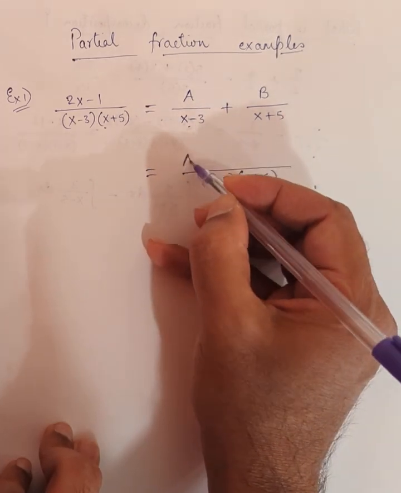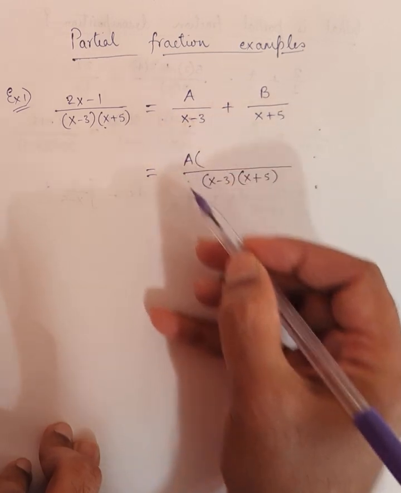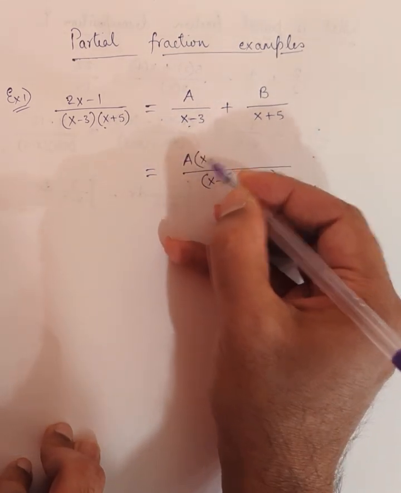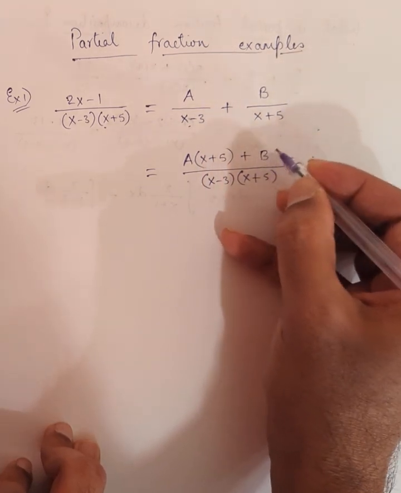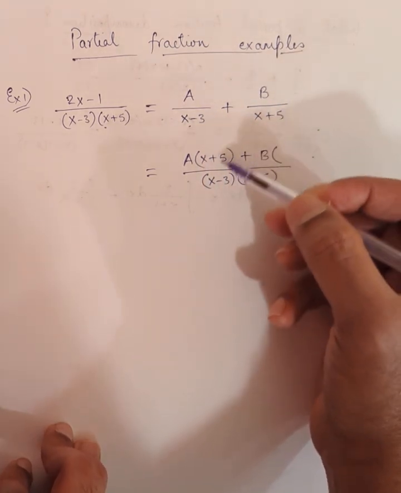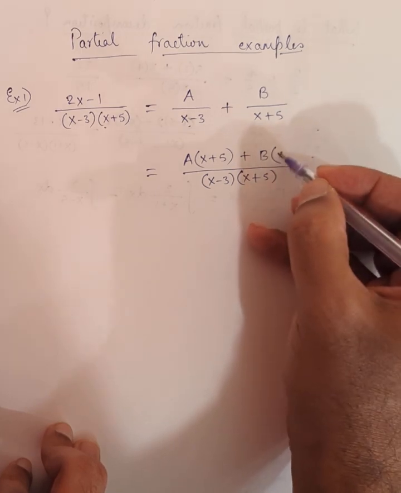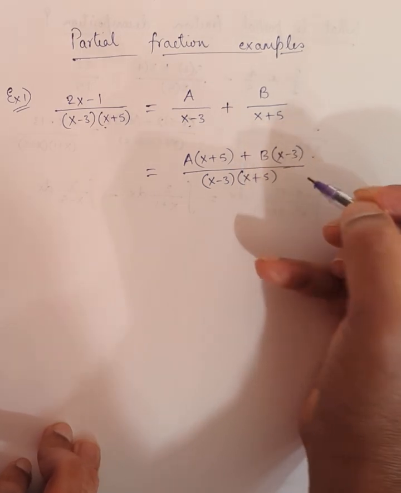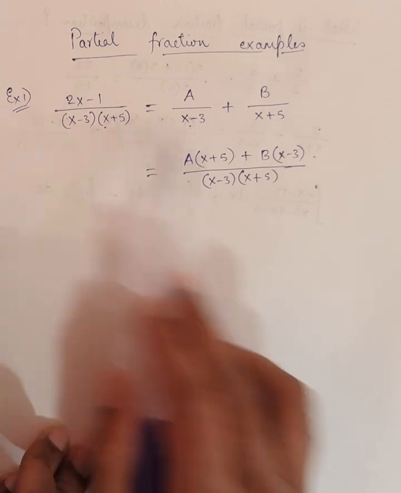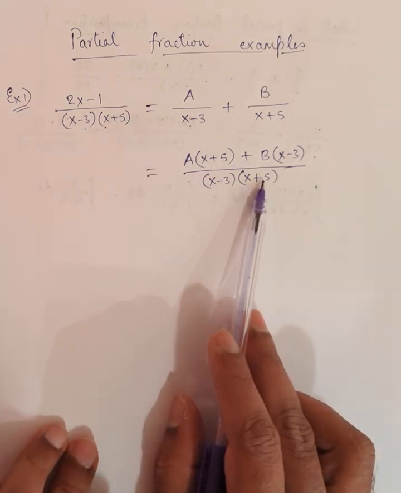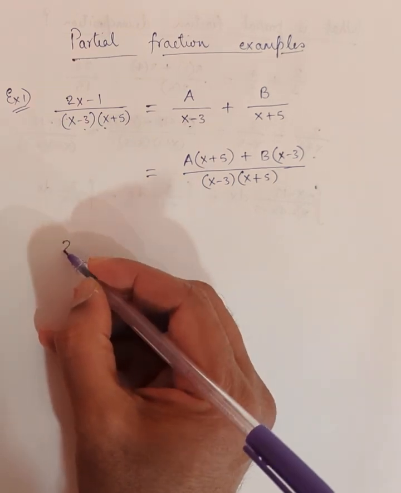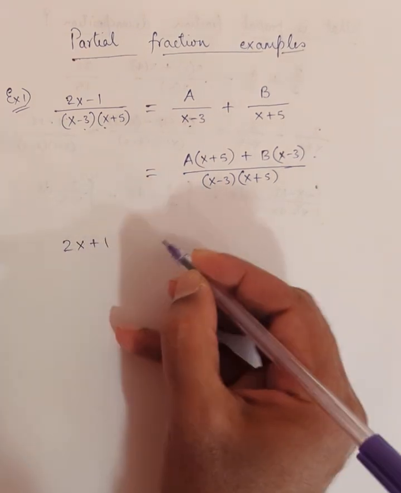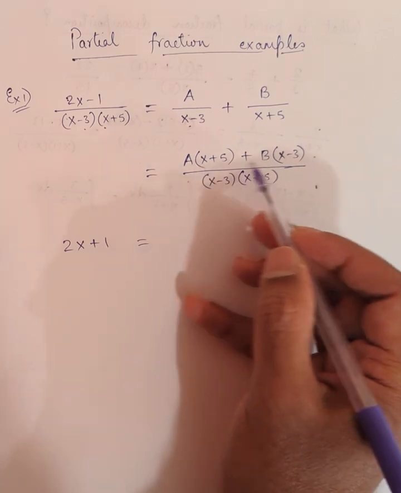So you are going to have a times, when you divide this into that, you get x plus 5, plus b times, when you divide x plus 5 into that, you get x minus 3. Alright, notice the left and right sides. They have the same denominators, which means the numerators must be equal.